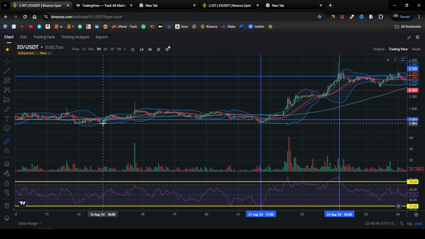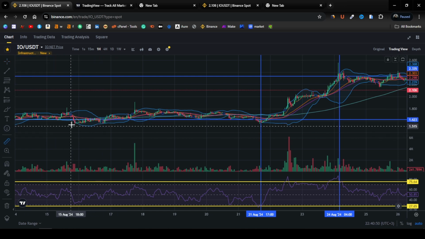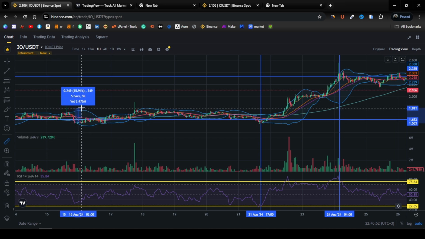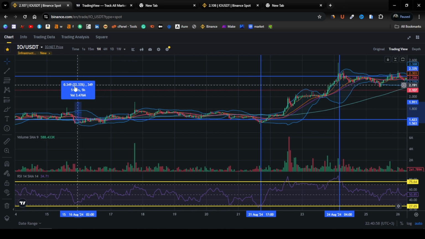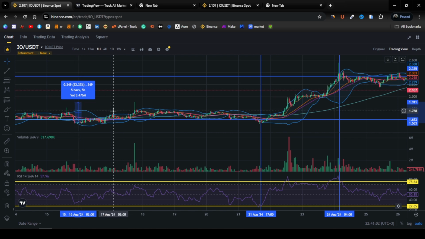You can see from here, let's say here up to around here, which is this point, you have made a profit of 22%. All right, so it's very easy, but sometimes you need to be very patient with trading.